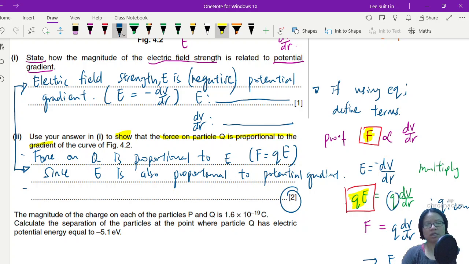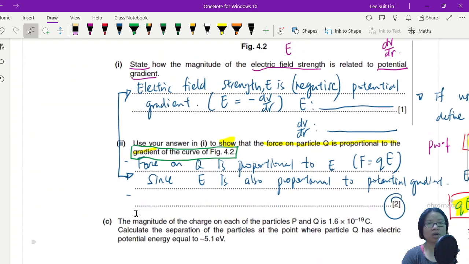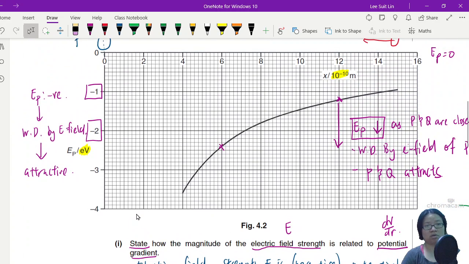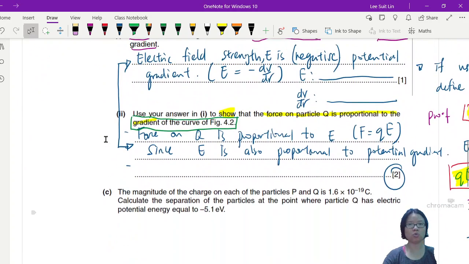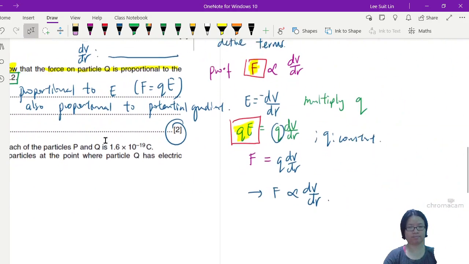Alright, so I think the second thing we need to look at is what on earth is the gradient of the curve in this one. So let's go back. Gradient of the curve is actually dEP dx, of the potential energy. You need to relate potential energy to potential.